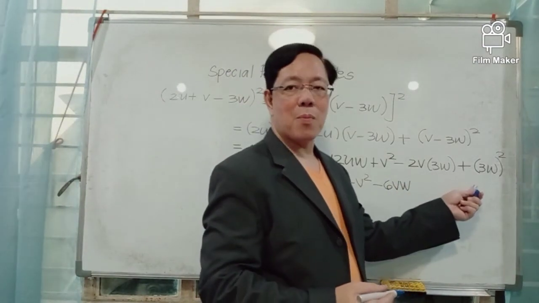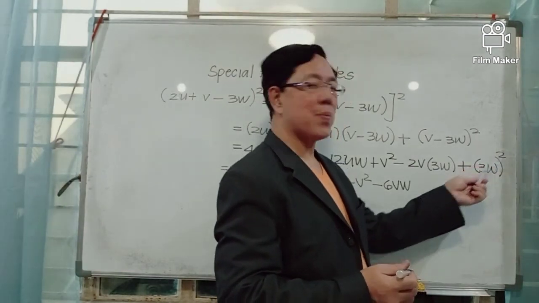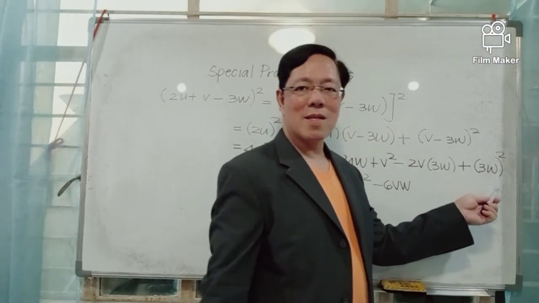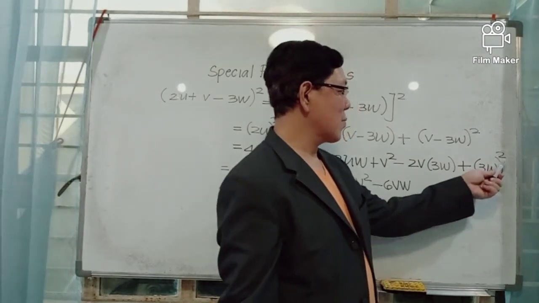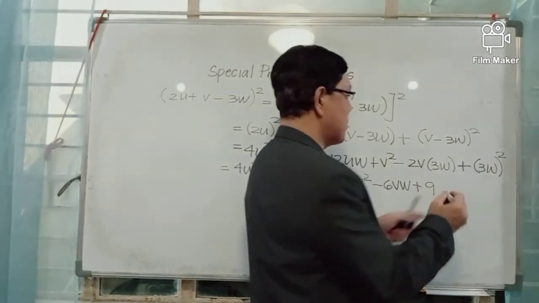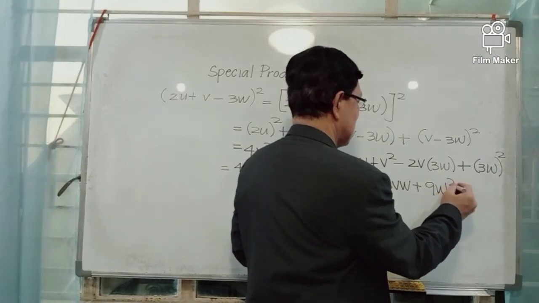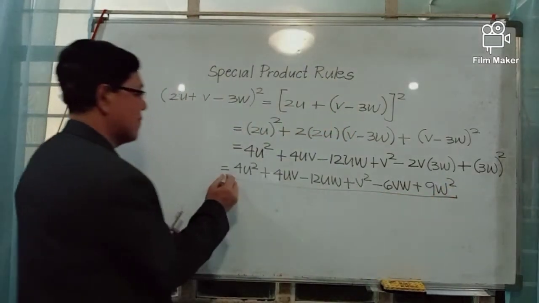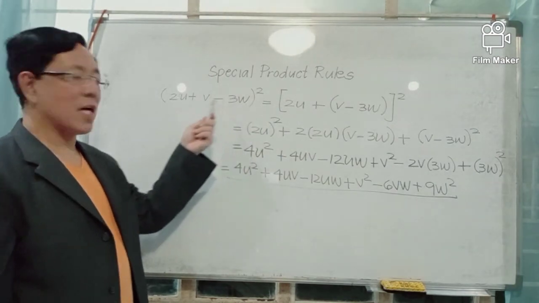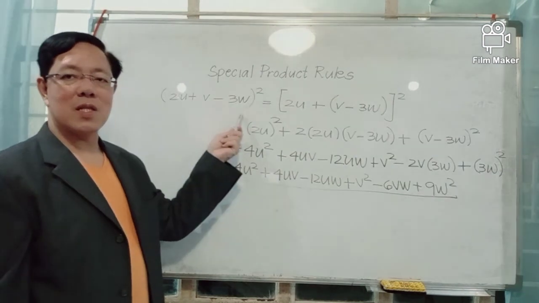And by property of exponent, the square of 3w is equal to the square of 3 times the square of w. The square of 3 is 9, multiplied by the square of w is w squared. And this is the square of the trinomial 2u plus v minus 3w.